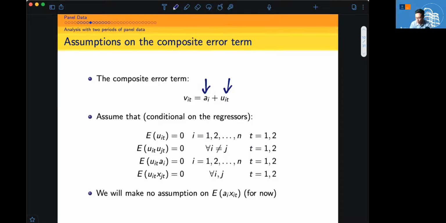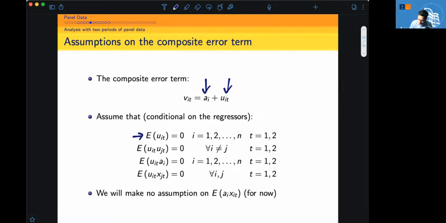So let's go through some of the assumptions needed given the structure of the composite error term. These assumptions are conditional on the regressors, although we do not make it explicit here. First, the expected value of the shocks conditional on the regressors is going to be equal to 0.